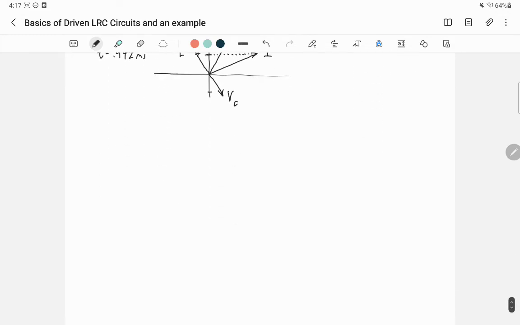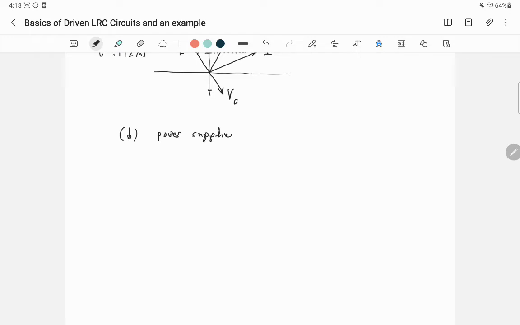All right, so part B. Part B is kind of difficult, actually. It's, what is the power supplied to the capacitor? So really what this is asking is, what is the time rate of change of the energy stored in the capacitor?